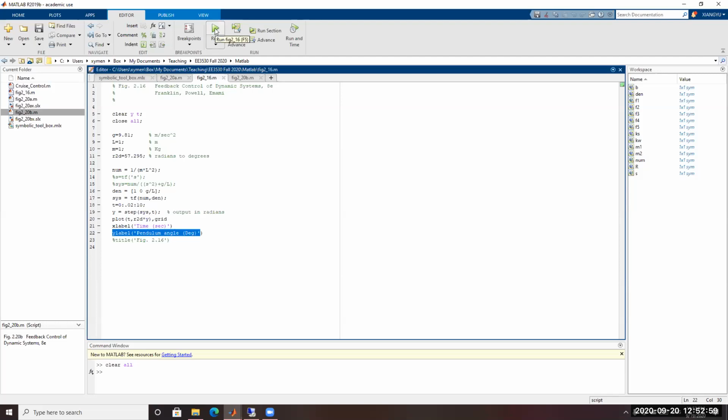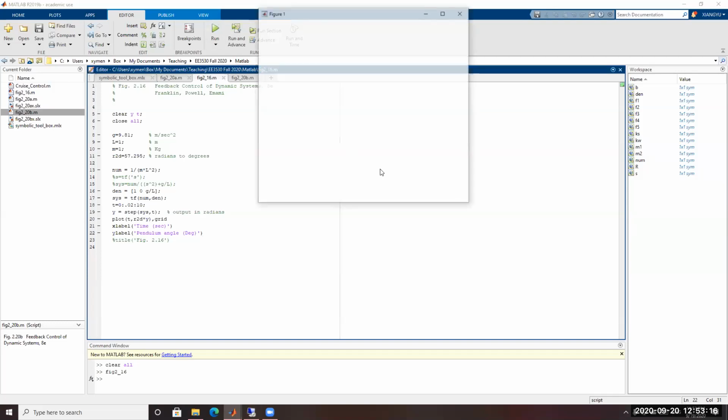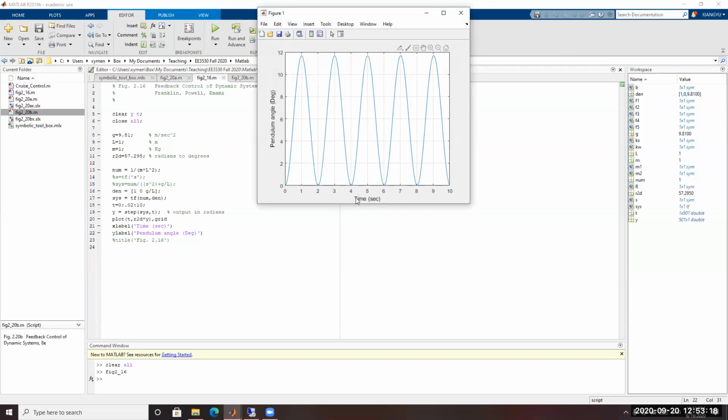If you use standard units, the unit of y will be radians. It's common to use degrees, so we transform it to degrees. If you hit run, then you will see the plot. It shows how the angle of the pendulum changes over time for 10 seconds.